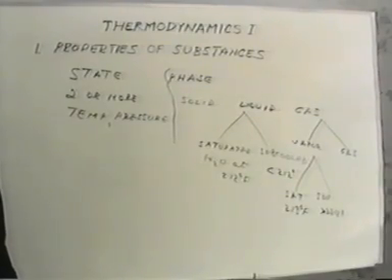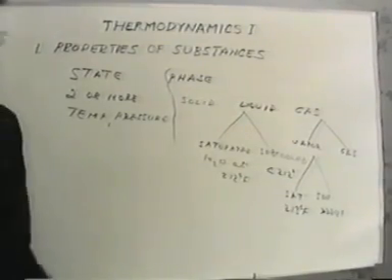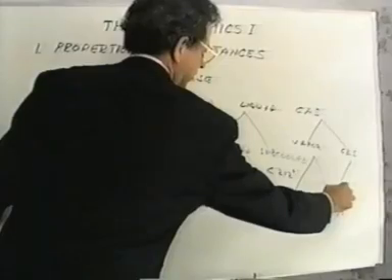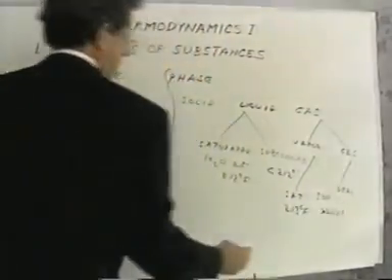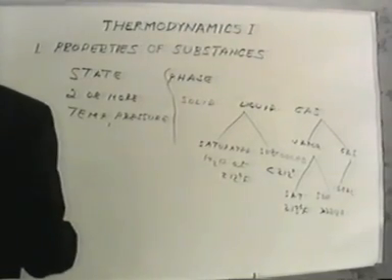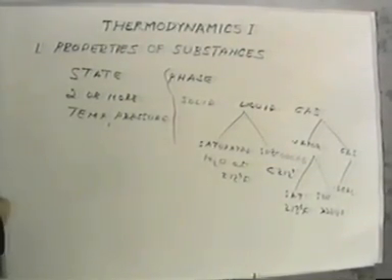Now, under the heading of gas, we have gases that can be, first of all, ideal. Now, what do we mean by an ideal gas? An ideal gas is one that is experiencing a very high temperature at a very low pressure. Because at a high temperature and a low pressure, the molecules that are in motion are so far apart from each other that the size of the molecules no longer matters with respect to anything else.